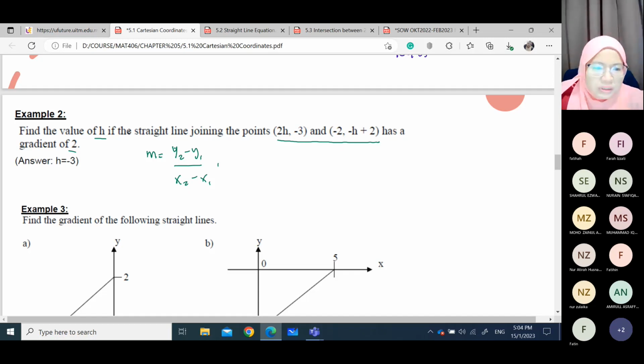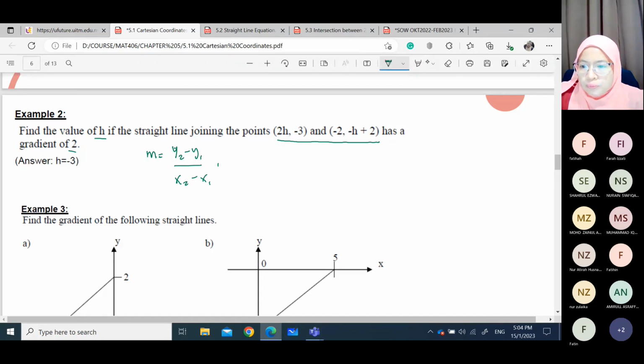The gradient has been given to us, which is m, and it is 2. So just enter y2, y1, x2 and x1 in this formula.